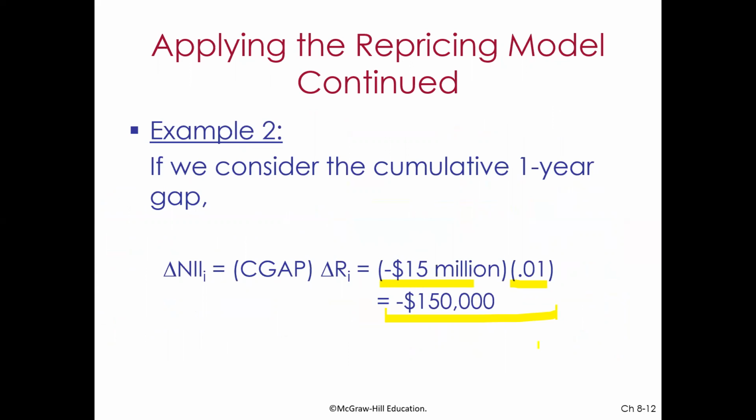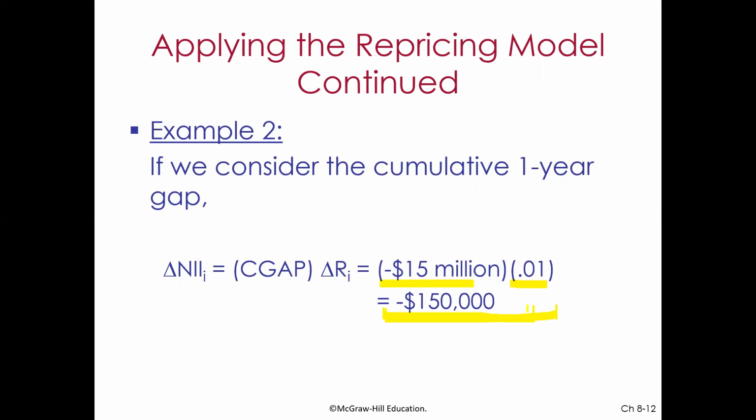Which means that over a period of 1 year, if interest rate rises by 1%, the net interest income of this financial institution will decline by 150,000. So that's again a measure of interest rate risk exposure. So for example, for this financial institution, a 1% rise in interest rate will reduce its net interest income by 150,000.